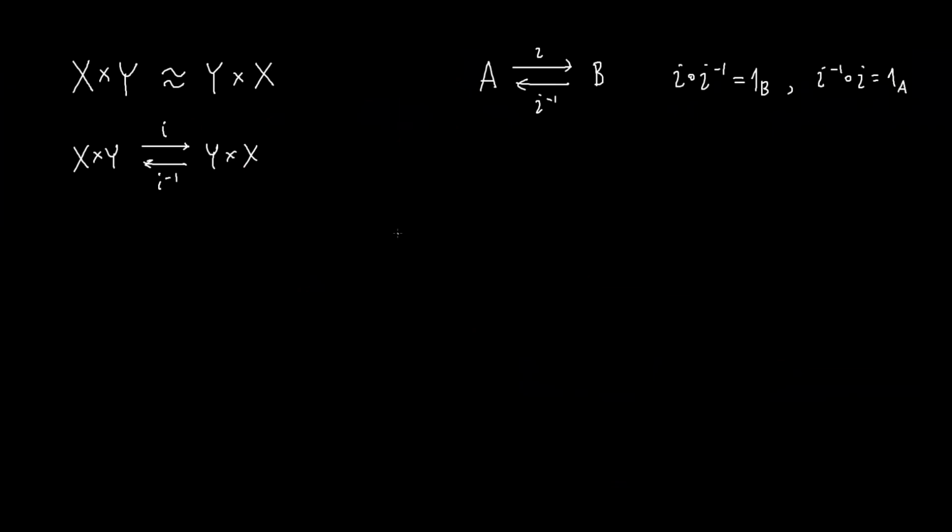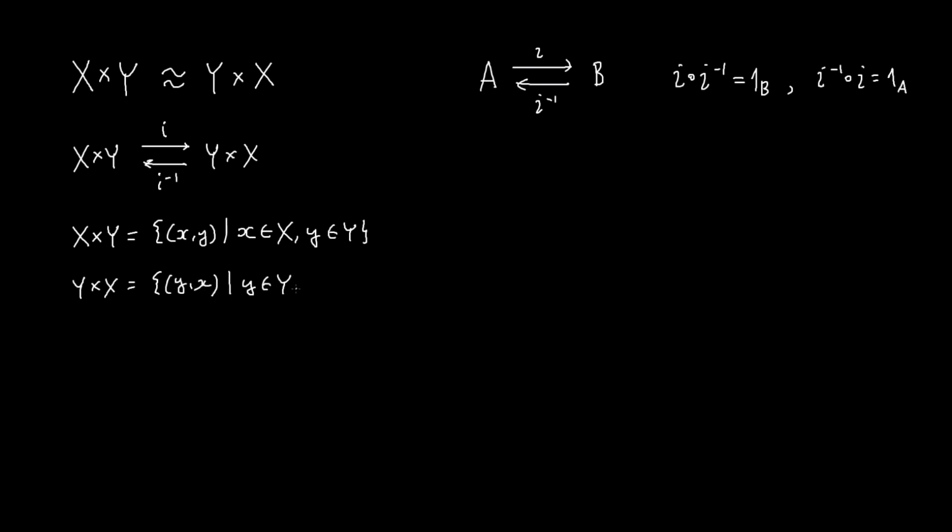So what do we do with sets? If x and y are sets, then x cross y is what? It's the set of ordered pairs, right? Where x is an element of x and y is an element of y. Y cross x is a set of ordered pairs yx, where y is an element of y and x is an element of x.